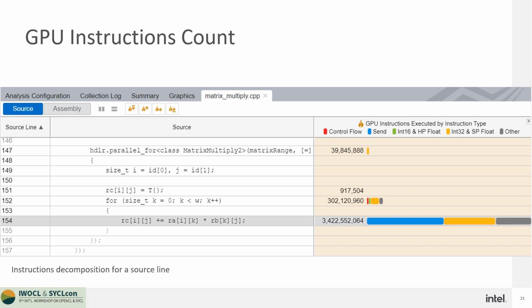In this case, it's a more or less simple kernel, so most of the instructions were executed against the main loop inside, but for more complicated kernels, you might find it very useful to quickly identify in a graphical way which exactly part of the kernel, which loops are taking most of the instructions and which types of instructions are generated for that particular loop.